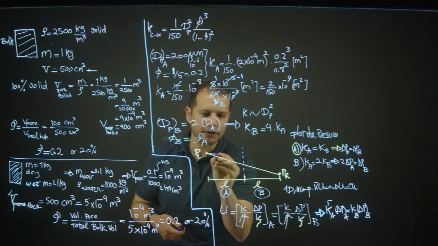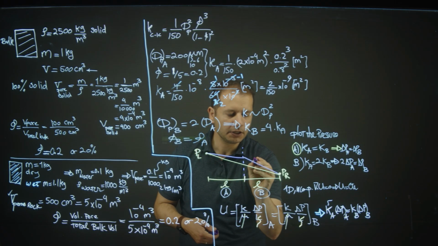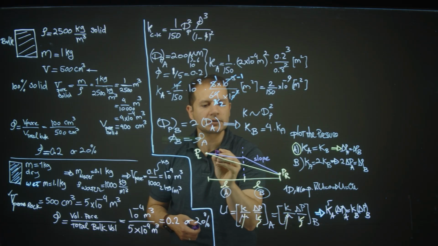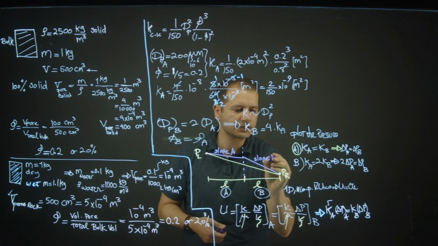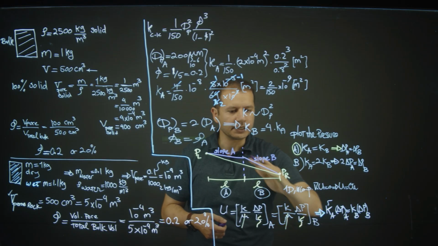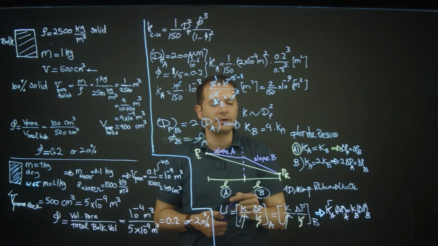Here it is a smaller drop, here is a bigger drop. The slope here is 2 times the slope here. So this is slope A, and this is the slope in section B, which is twice the other slope, so that will be 2 times the slope A.